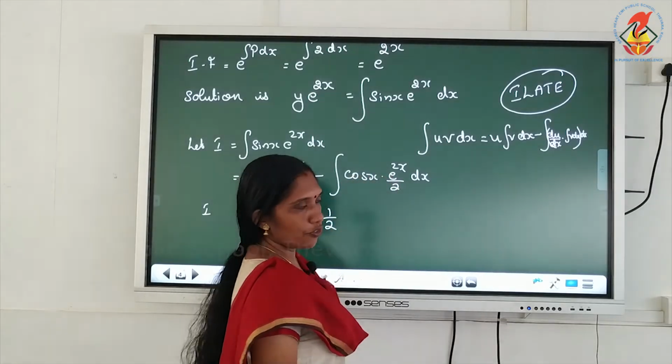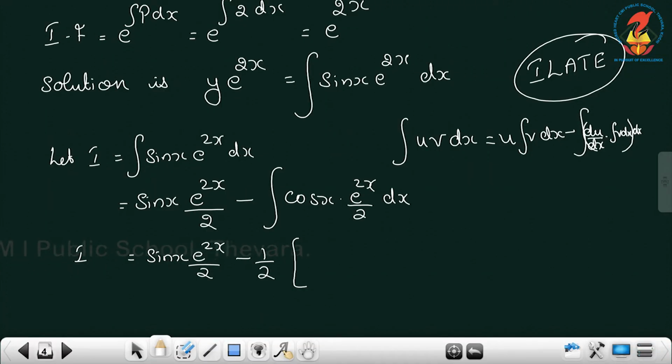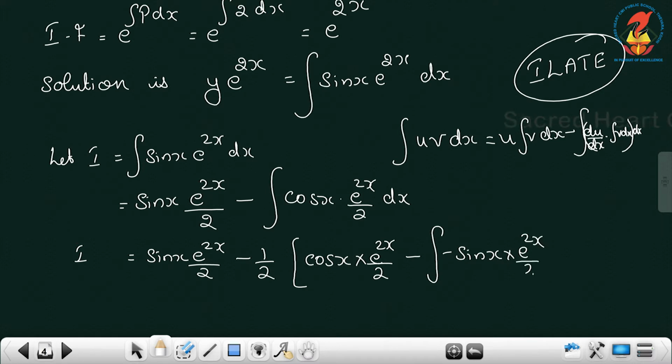Again product of two function. So put a bracket. First function is cos x into integral of second e raised to 2x, e raised to 2x by 2 minus integral of derivative of cos is minus sin x into integral of second with respect to x.